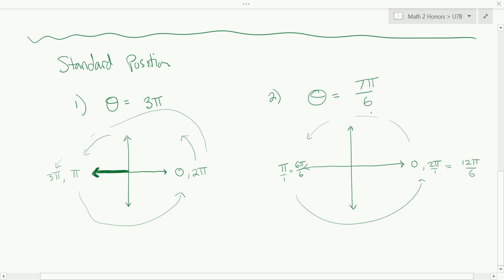So is 7 pi over 6 closer to 12 pi over 6 or closer to 6 pi over 6? 6 pi over 6. That question helped me determine that this 7 pi over 6 is going to be in quadrant 3. And I found now the standard position of 7 pi over 6.